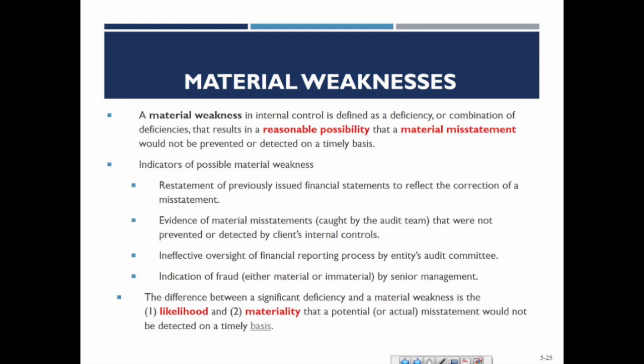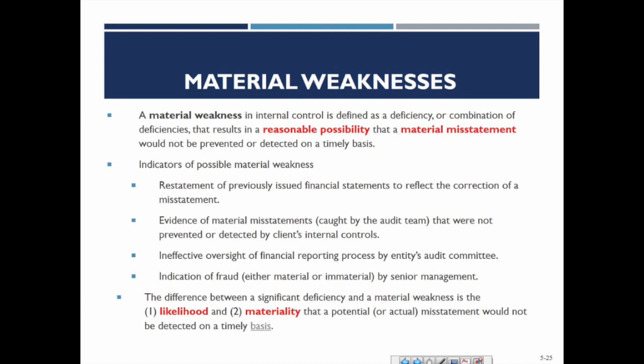Remember, the auditor has to issue a report on the effectiveness of internal controls. This report could be an integrated report with their financial statements, or it could be two separate reports: one for the financial statements and one for internal controls.